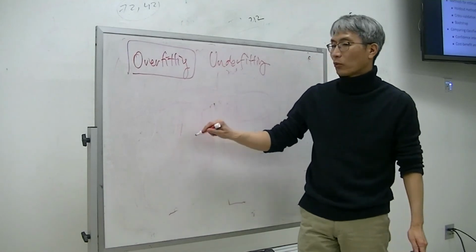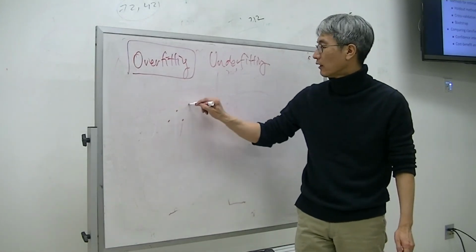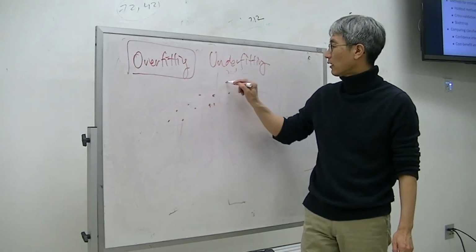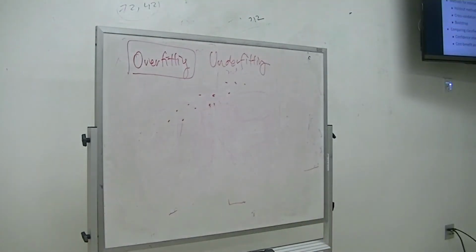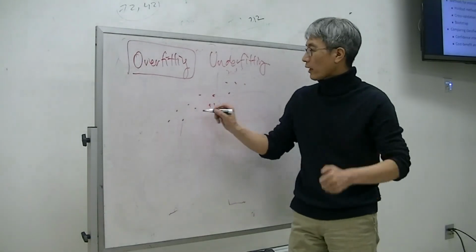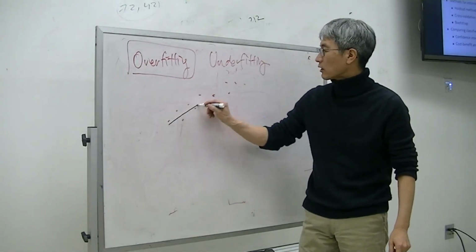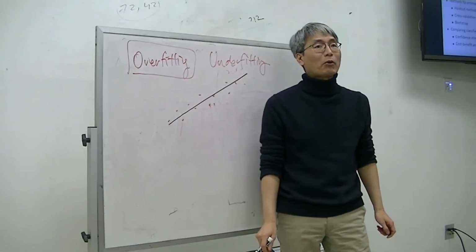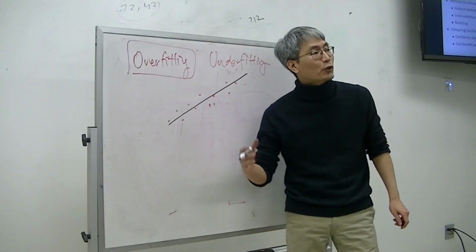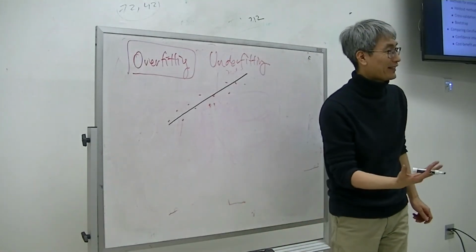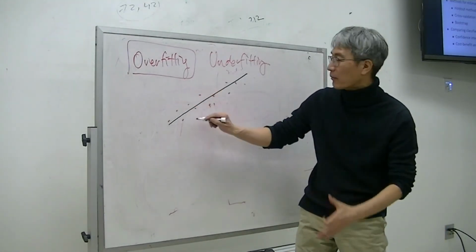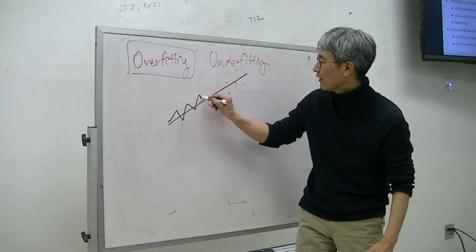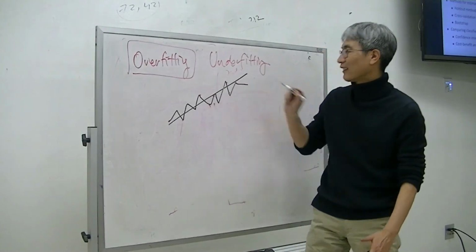let's say we have data like this. If you apply the regression model, the regression line should be like this, right? This is our expectation. If you train too much, really applying all the parameters and everything, it goes like this, perfect.